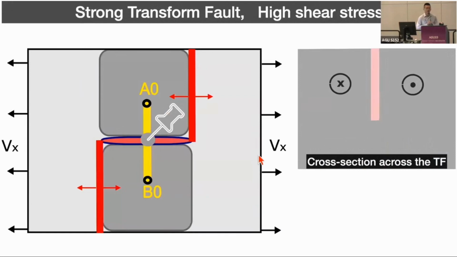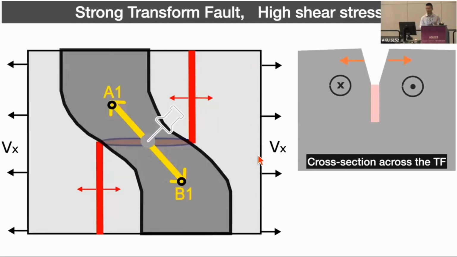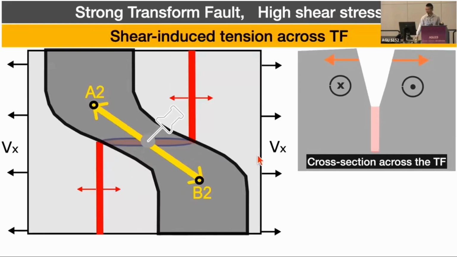What about when the transform fault is perfectly strong? It's like pinning the rubber band at the transform fault. Now as the plates move apart, the rubber band will be stretched and elongated, causing tensional strain and stress, pulling the already weaker transform fault apart and forming a deepening valley.